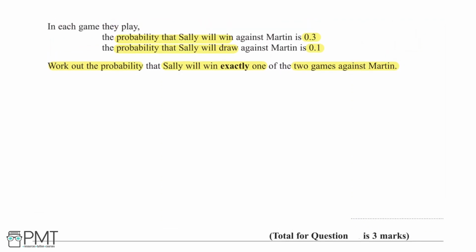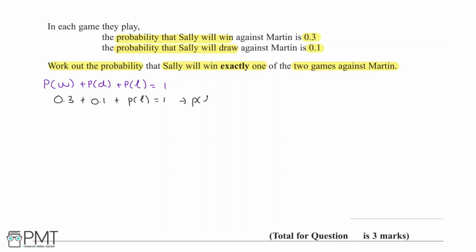Okay? So, the first thing we can do is say the probability she wins plus the probability she draws plus the probability she loses equals 1. Since the probability of winning is 0.3 plus the probability of drawing, which is 0.1, plus the probability of losing equals 1, 0.3 plus 0.1 is 0.4.